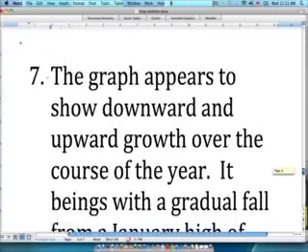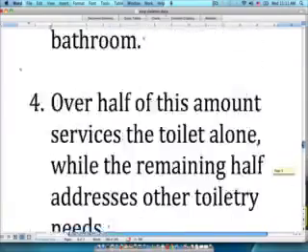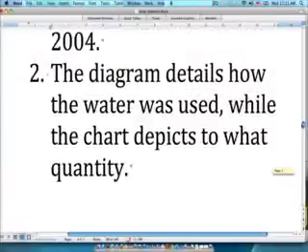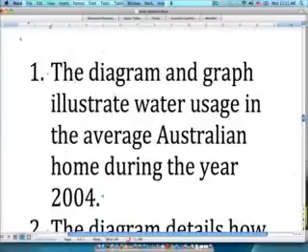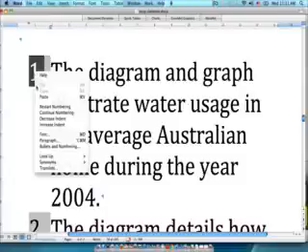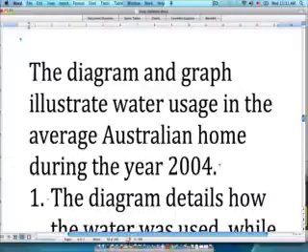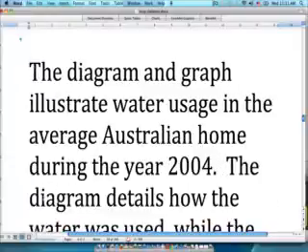But okay, now let's put these sentences together and read the response from the beginning. So if I can get rid of these numbers without hurting everything. Okay, here we go. So from the top it reads, the diagram and graph illustrate water usage in the average Australian home during the year 2004.